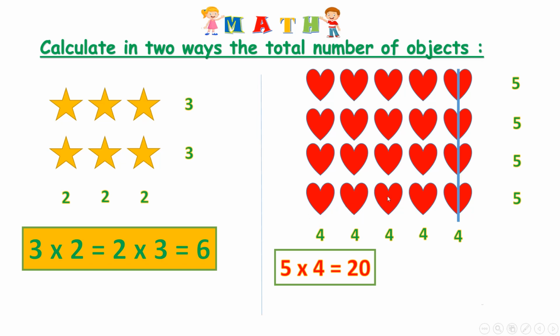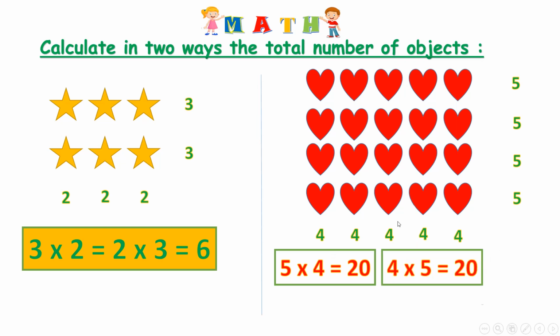4 plus 4 plus 4 plus 4 plus 4. It's 1, 2, 3, 4, 5 times. The 4 is repeated 5 times. So if I want to write the multiplication equation, it's 4 times 5, which is 20. Great.